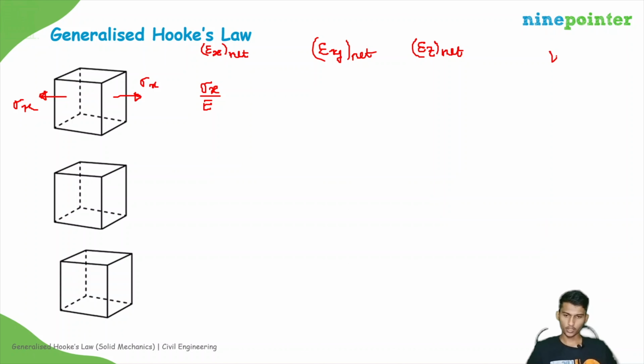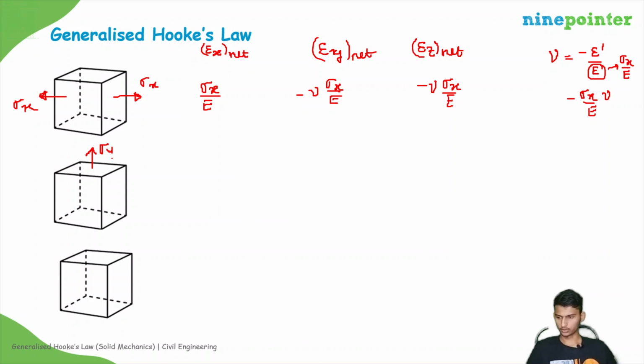That is given by Poisson's ratio, mu, equal to minus epsilon dash by epsilon. So this epsilon is sigma x by E. So we get epsilon dash equal to minus mu sigma x by E. Similarly in the z direction also, minus mu into sigma x divided by E, right?